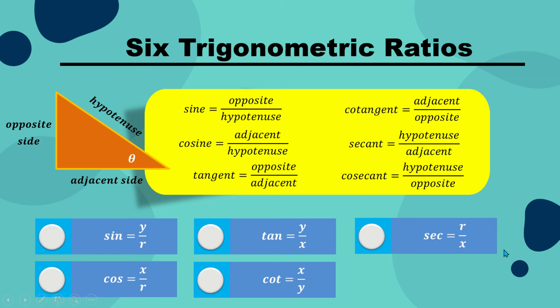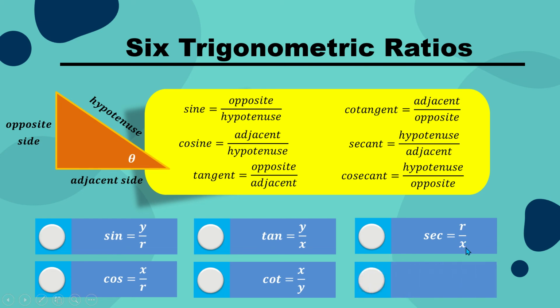Next one is the secant function. Secant is the reverse of the cosine function: radius, hypotenuse, over x, which is the adjacent. So secant is hypotenuse over adjacent, or r over x, radius over x.